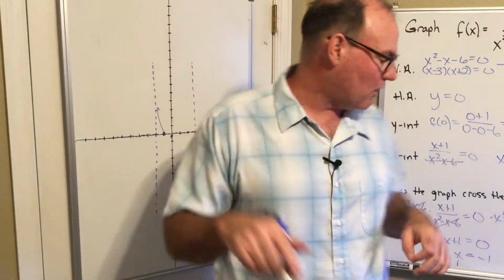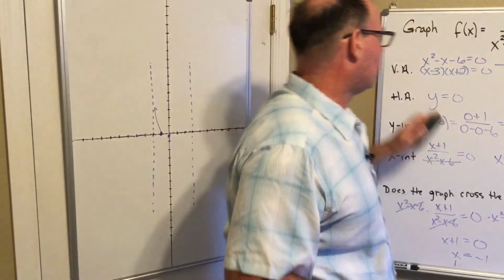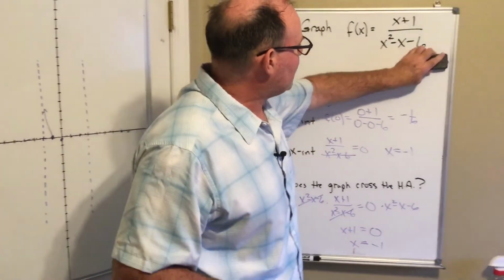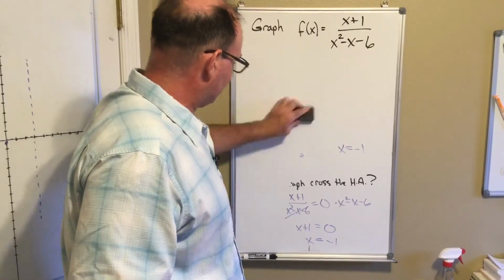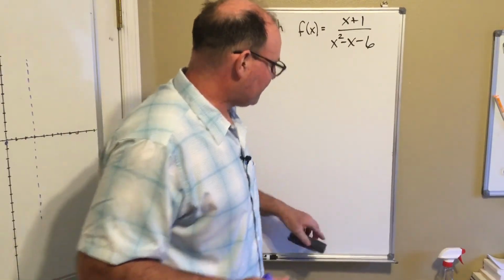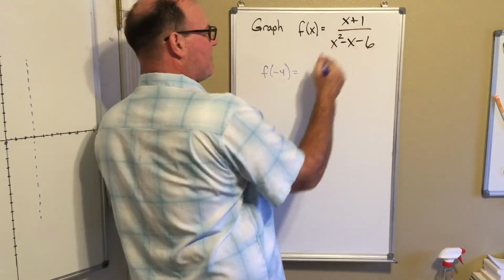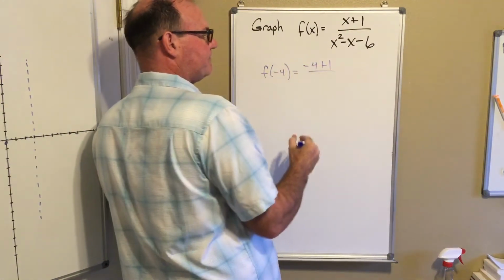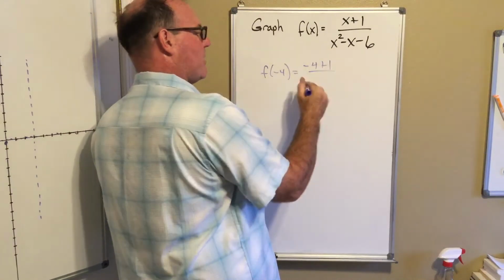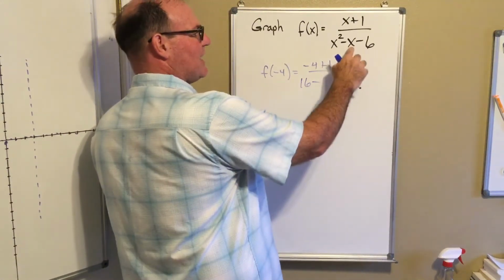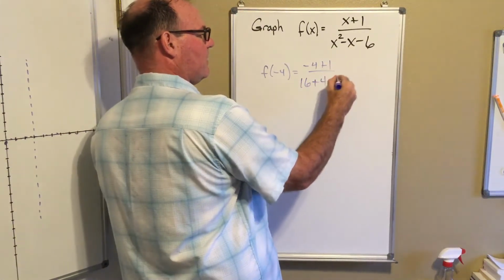Okay, so I'm going to come back over to this other board. We're going to do a little arithmetic, and then we will all be through with this problem. So I'm going to first plug in -4. So in the top, that's -4 plus 1. In the bottom, -4 squared is 16, minus a -4, so that's +4, minus 6.